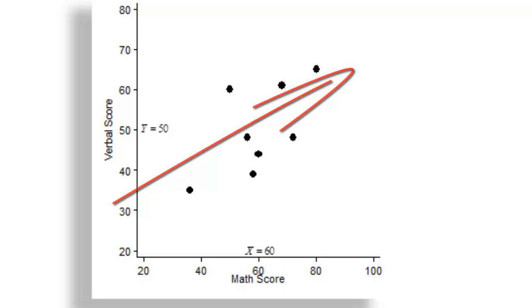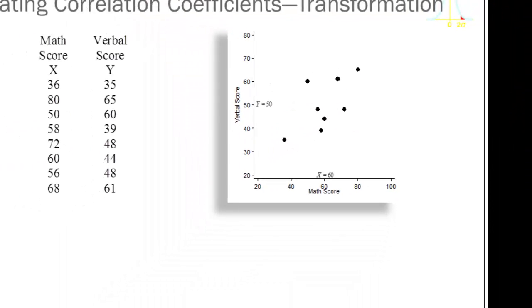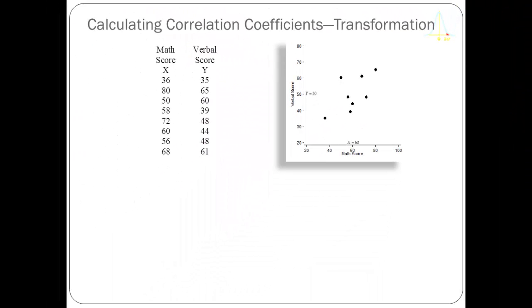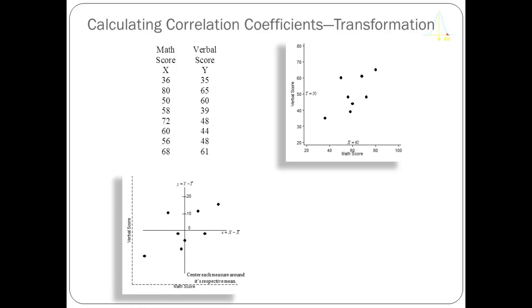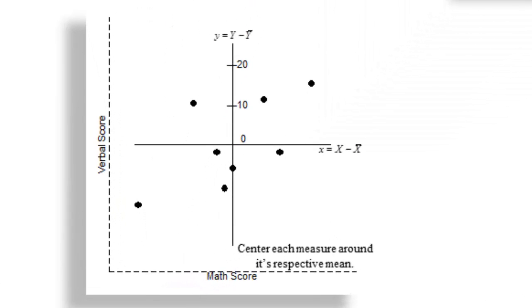So I'm going to take these numbers now, and I'm going to calculate the mean of X and the mean of Y, and then I'm going to plot each of these points as a deviation from the mean of X and a deviation from the mean of Y. This plot, which you can see down on the lower left, looks identical to the one in the upper right.